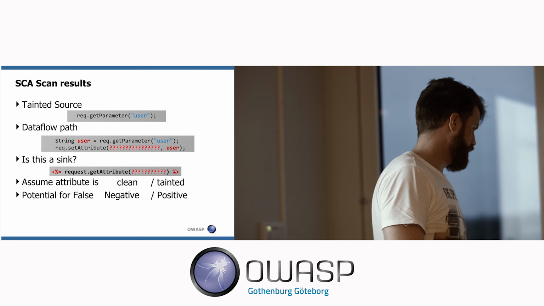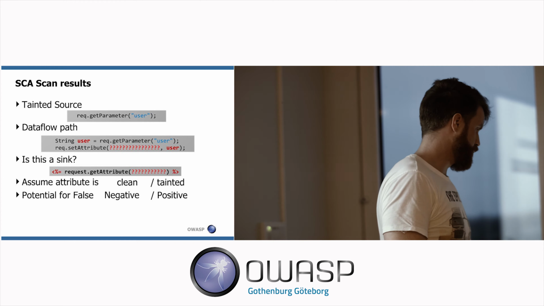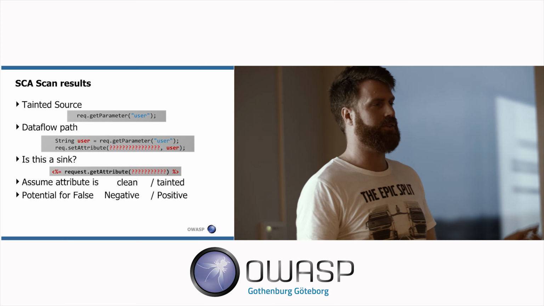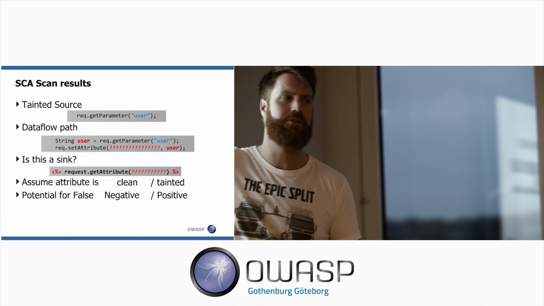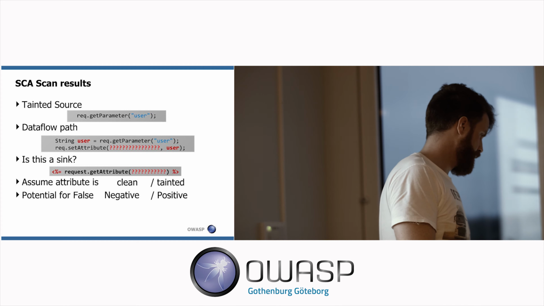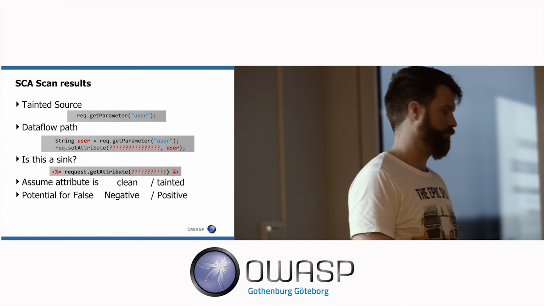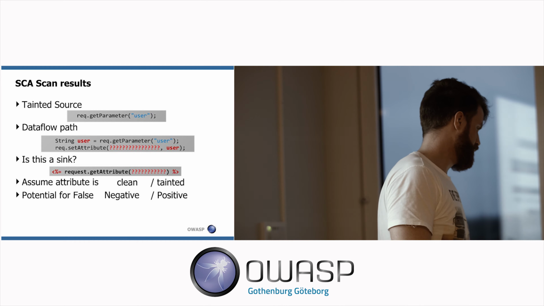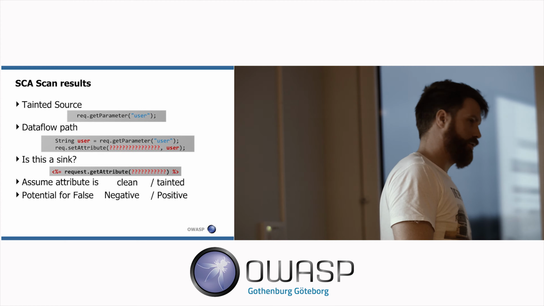And then in the results, this would be a source, this would be the path. But is this a problem or not? Because we don't know what happens here. This happens at execution time. So we assume that it's all good, and then we are mistaken in some cases. Or if we assume that it's always dirty, then we're also lying.